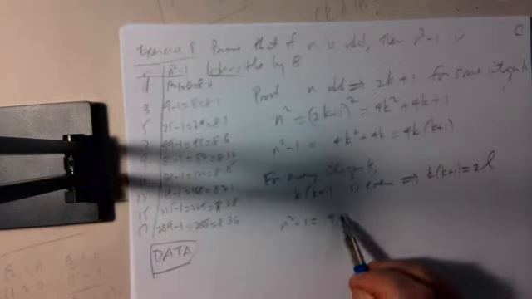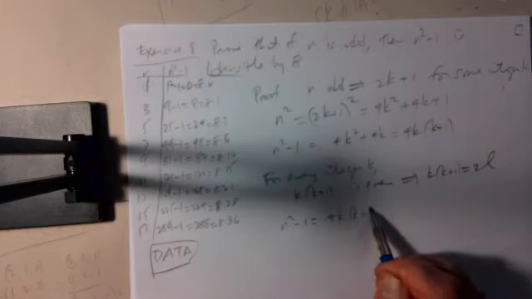So therefore, n squared minus 1, which is 4k times k plus 1, is 4k times 2l. That's 8l. So n squared minus 1 is a multiple of 8. And that's the proof. 8 divides n squared minus 1 for every odd number n.